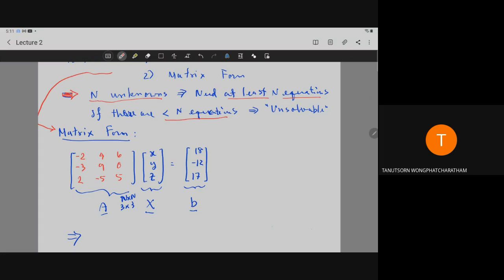I can write the unknowns as x, y, z like this and call it a vector X, as an unknown vector. And then the left hand side is the coefficient matrix.